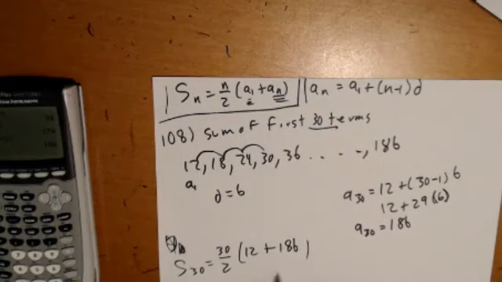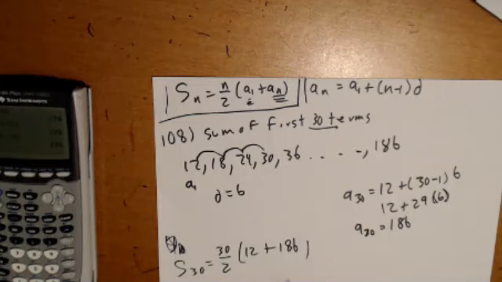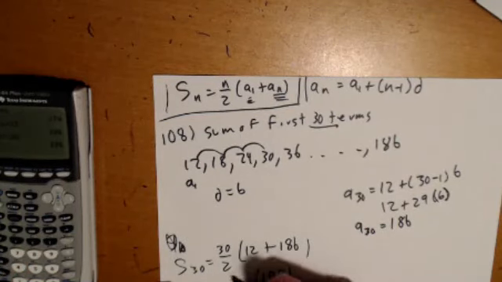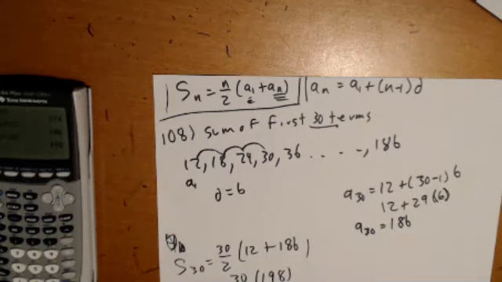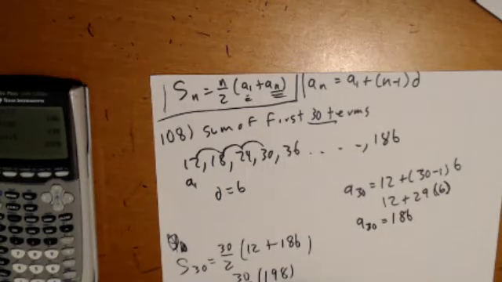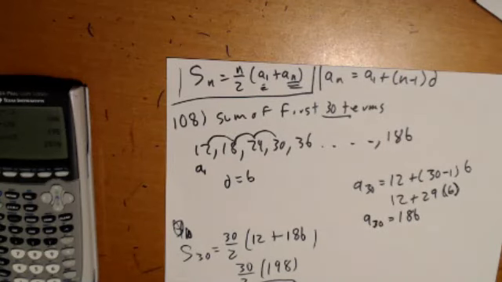Okay, so let me add 12 plus 186, enter, that's 198, and then multiply that by 30 over 2 is 15. So that's going to give me 2,970. Aha! 2,970.